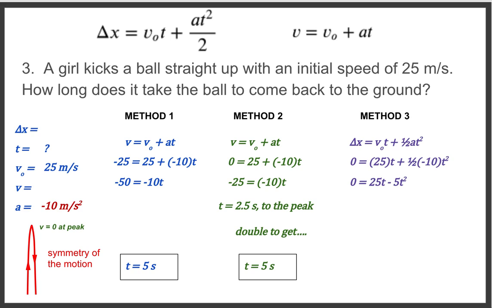So 25t minus 5t squared, 1/2 times negative 10 is minus 5. And then I'm going to factor out a t, and I get two terms giving me two possible answers. Either t is 0 or 25 minus 5t is 0. And that gives me an answer of 5 seconds.